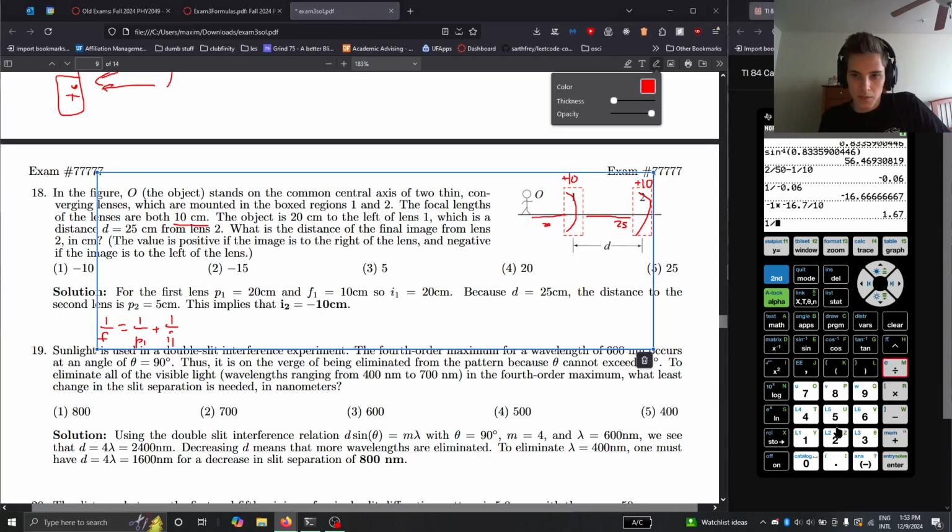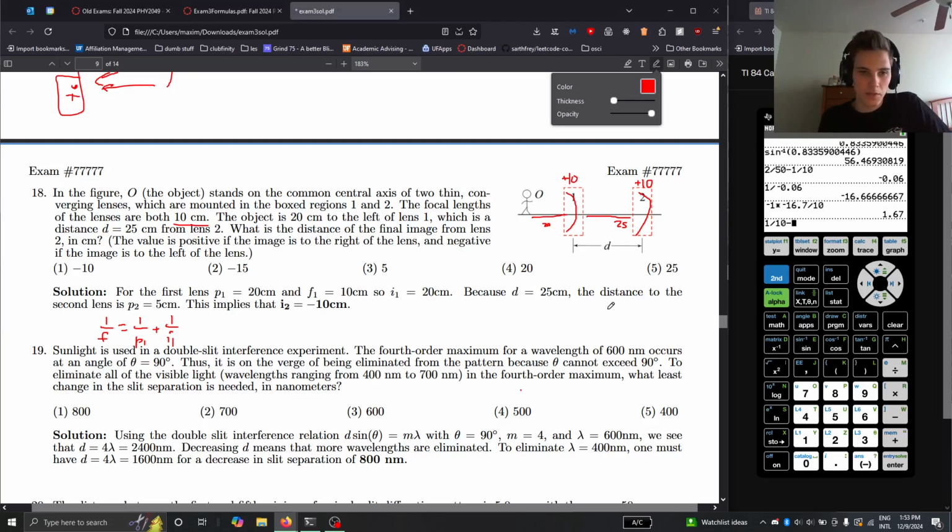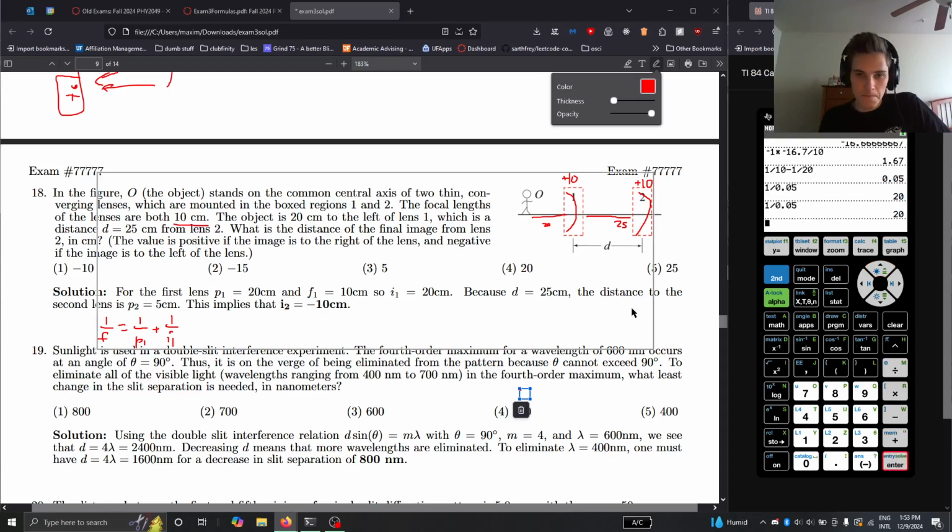So 1 over F, that's going to be the 10 there. And then this object is standing to the left of this lens, which we say is positive. So we will subtract 1 over 20. That's where it's standing relative to the first one. We're just doing the calculation for the first lens right now. 1 over that, divided by that, gives 20.